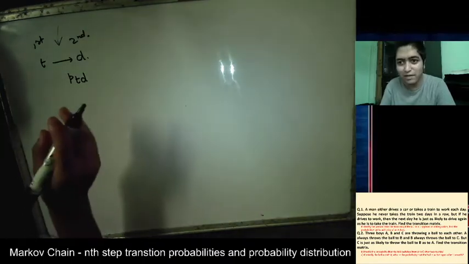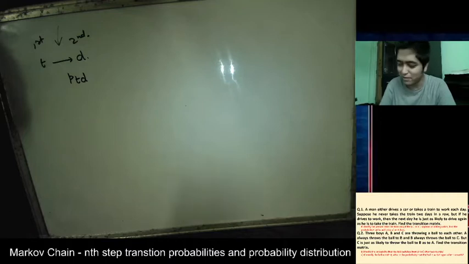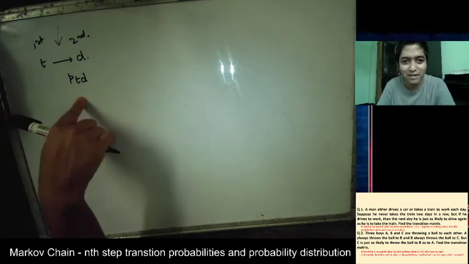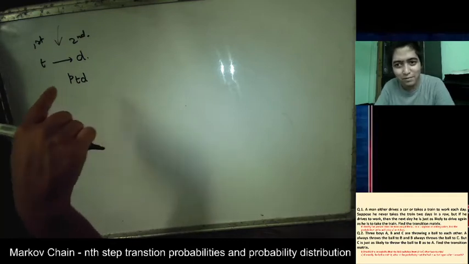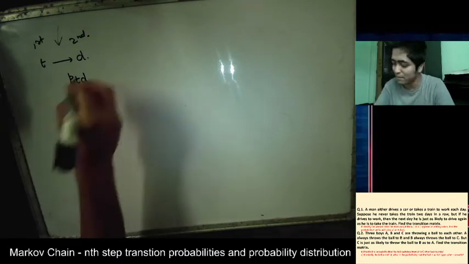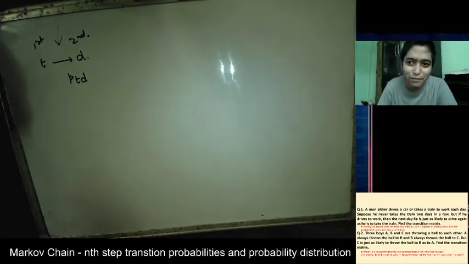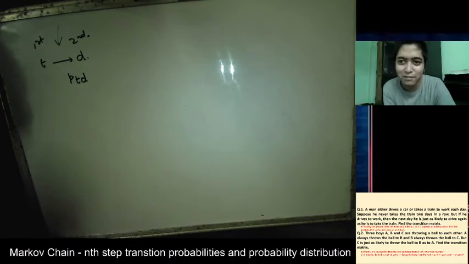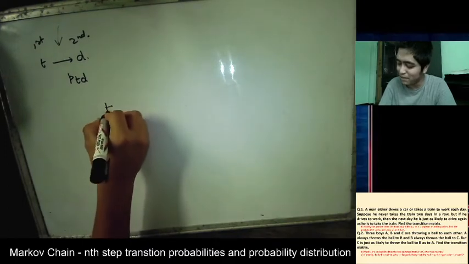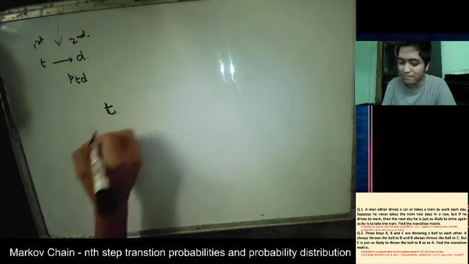But what if we want to find the probability that the person switches from a train to driving in 3 steps or 4 steps or 5 steps? It is very complicated indeed, because on the first day he may take the train.